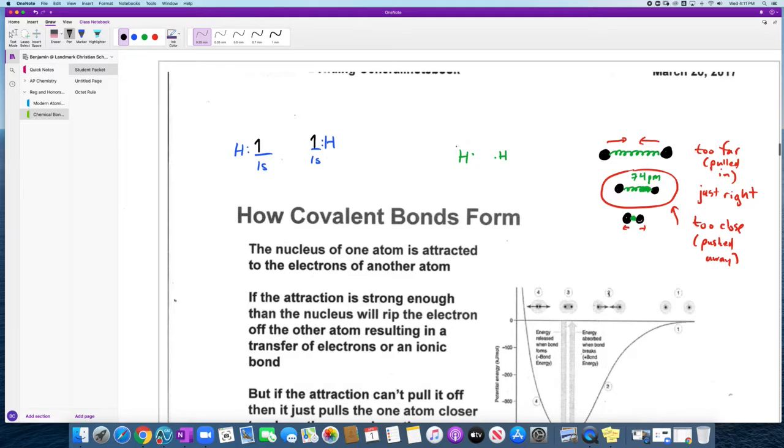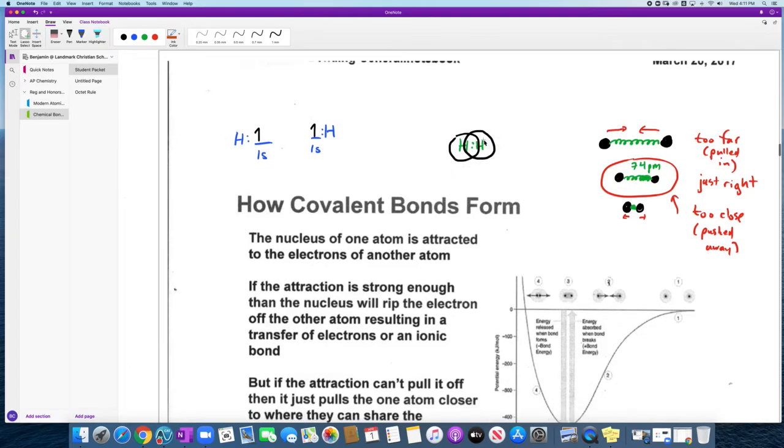I'm going to draw the orbitals around each atom, kind of like this, okay? And so let's imagine that this atom starts approaching in, and if it kind of moves in, now we've got two electrons, trying to get that hydrogen right there, two electrons being shared by the hydrogen atoms.